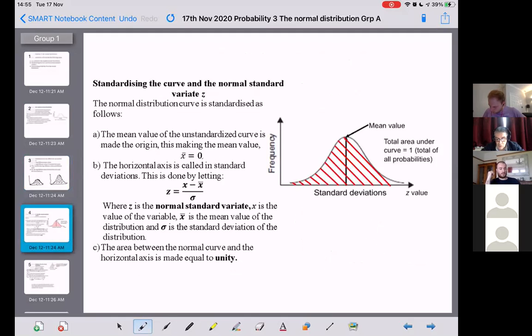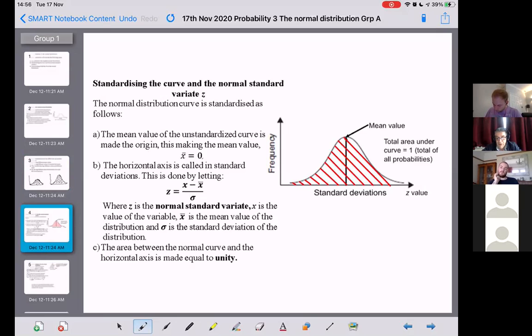Before we can use this, we have to do what's called standardizing the curve and look at the normal standard variate that's called Z. A normal curve is standardized as follows. The mean value of the unstandardized curve is made the origin.